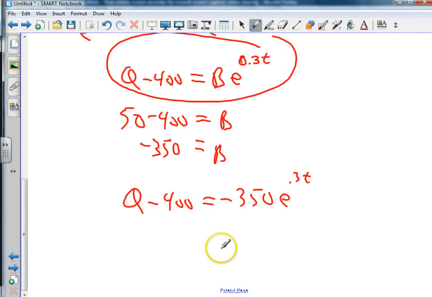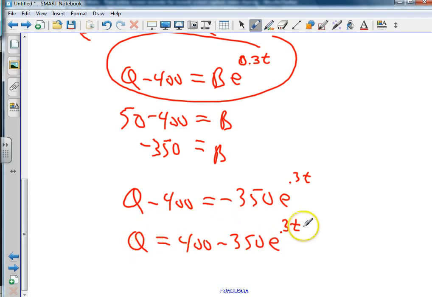And just for fun, q alone: 400 minus 350 e to the 0.3 t. If you plug in 0, e to the 0 is 1, times 350 is 350, and 400 minus 350 is the initial 50, right?